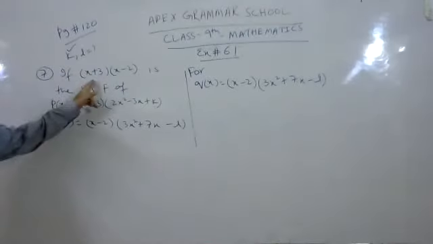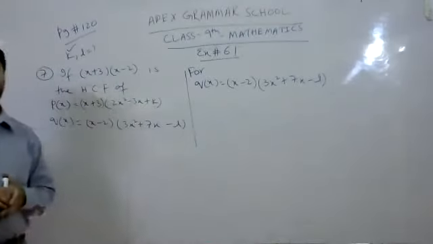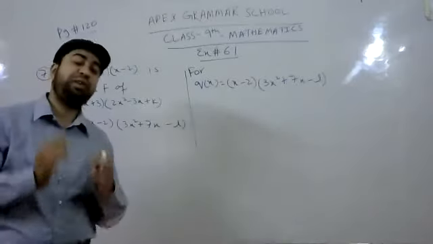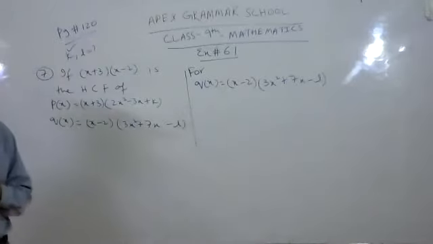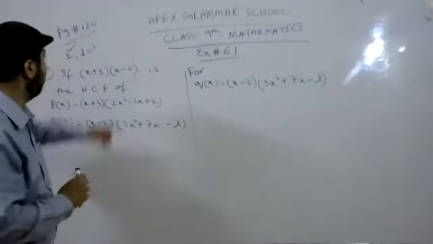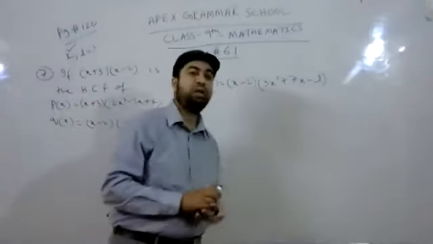Either we can use x plus 3 or we can use x minus 2. Both are factors, but we need the factor through which we can easily get the value of L.